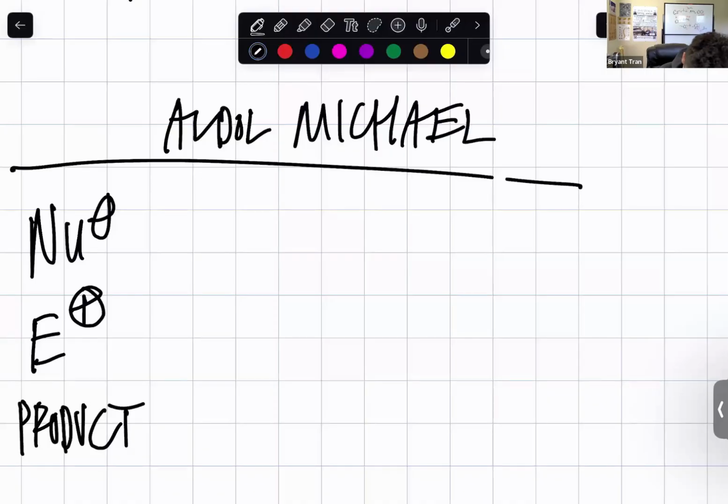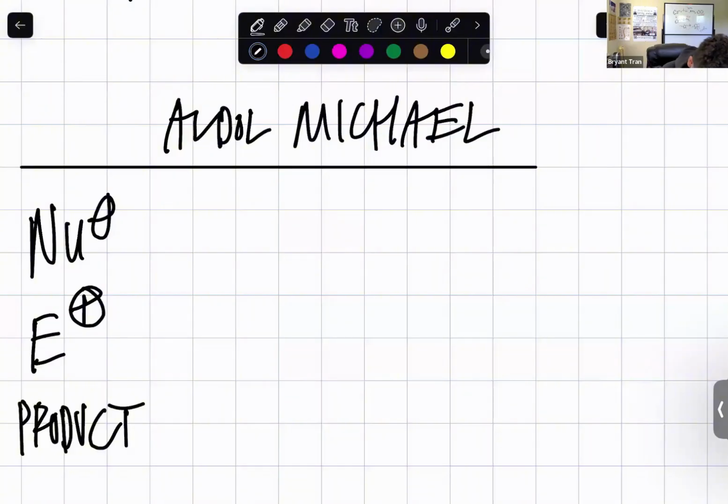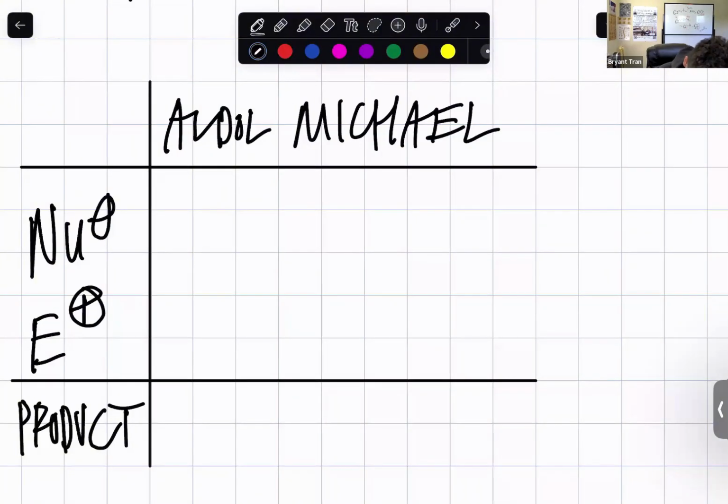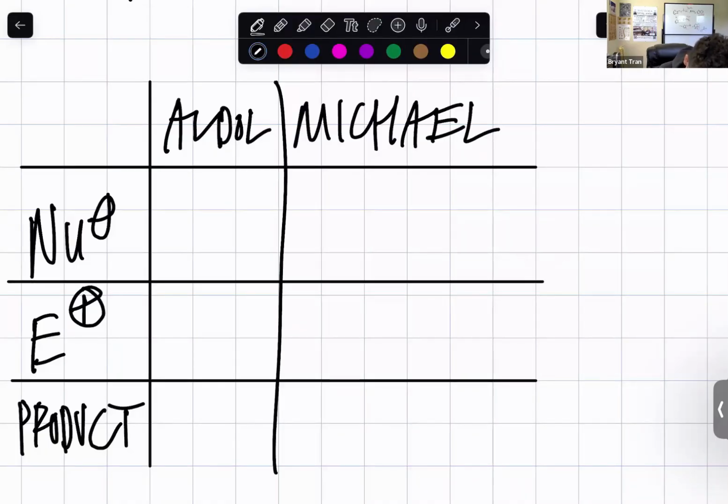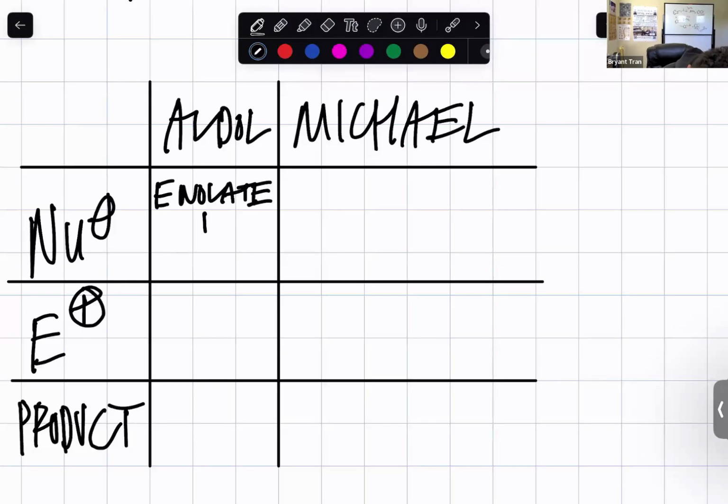So the nucleophile for both aldol and Michael is going to be an enolate ion, right? Where the enolate ion is going to be like this, where specifically it's going to be the alpha carbon right there, right? Because of resonance.